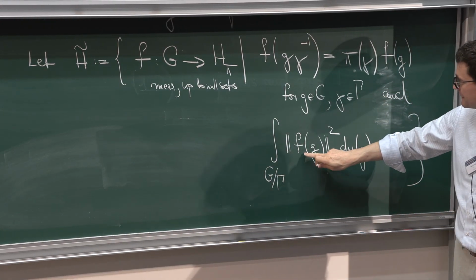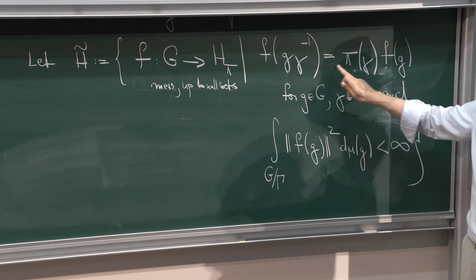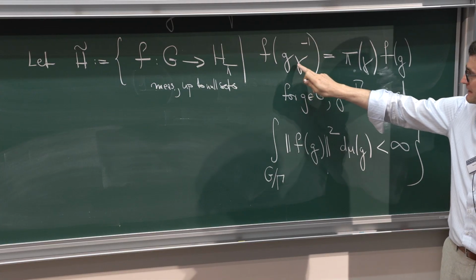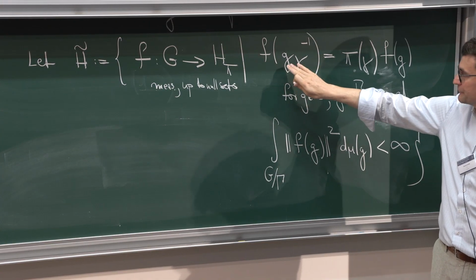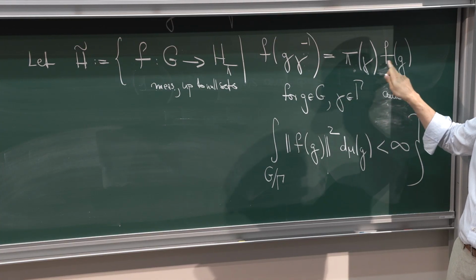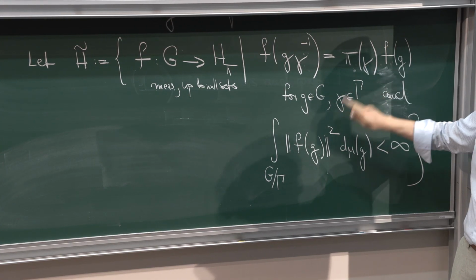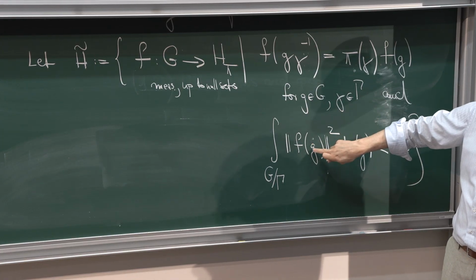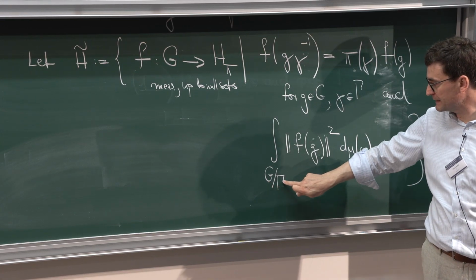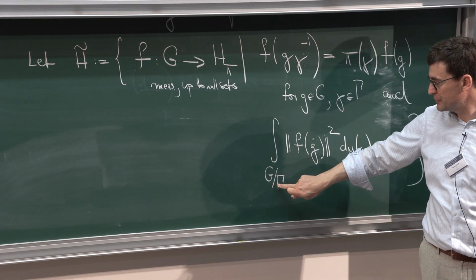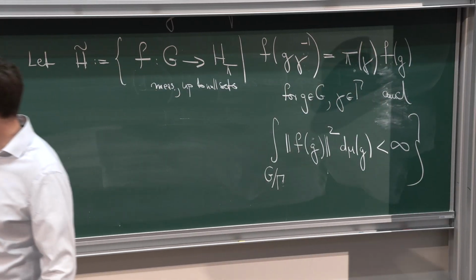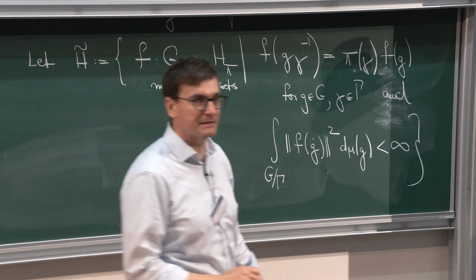Because of this equivariance condition, the norm of f(g gamma^-1) is unchanged, since pi(gamma) is unitary. So the norm really only depends on the coset class. It is well defined if I integrate over G mod gamma, which is the same as integrating over a measurable fundamental domain.